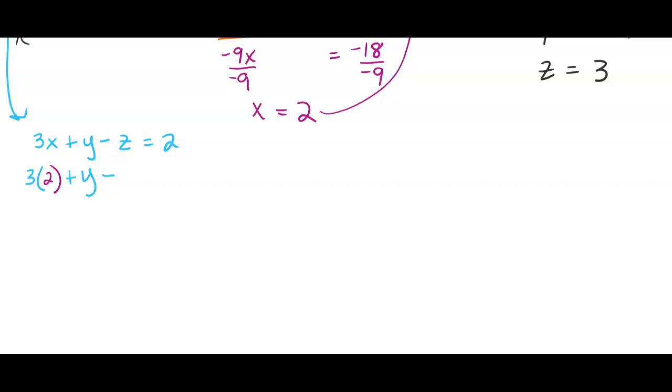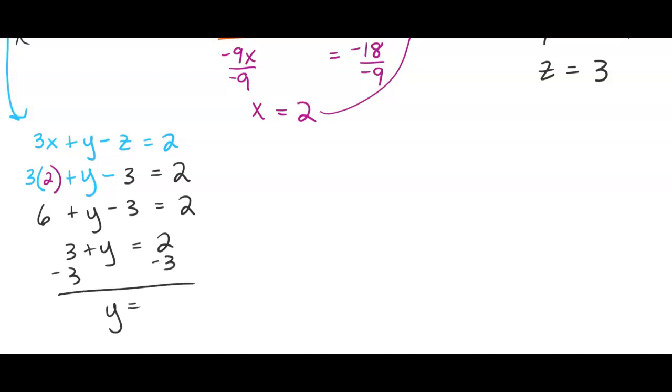Minus, and then I'm going to put in the z, which was 3, equals 2. Anyway, my colors are messed up, but that's okay. So 6 plus y minus 3 equals 2. Then I get 3 plus y equals 2. Subtract 3 from both sides. Now it looks like I'm getting y equals negative 1.